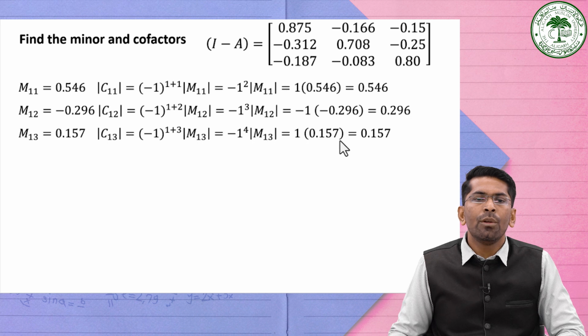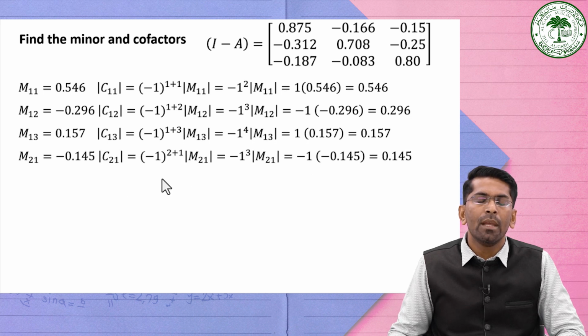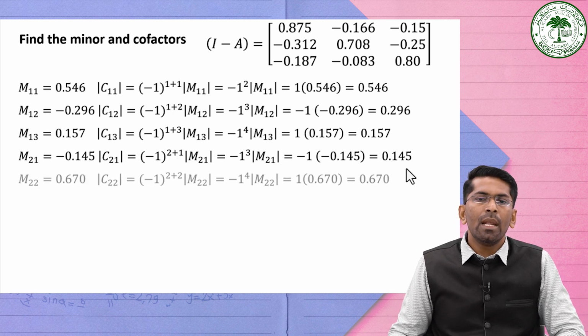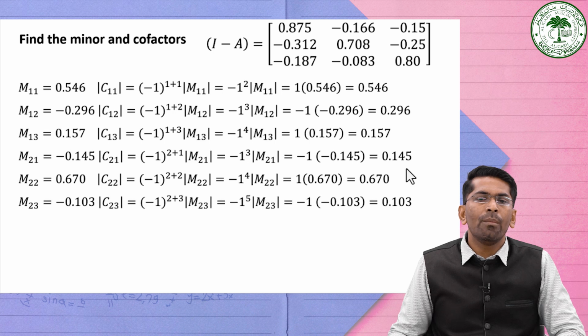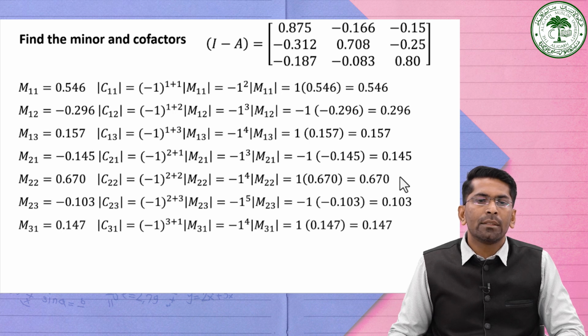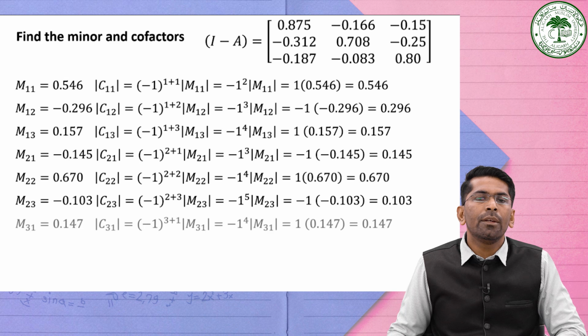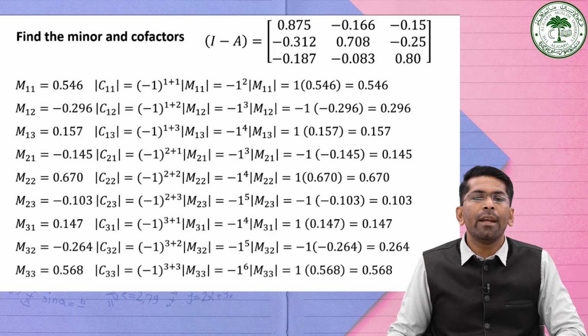So it is 1 into 0.157, which is equal to 0.157. For M21, the minor is equal to minus 0.145, and we have minus 1 cubed, so it is minus 1 into minus 0.145, which is equal to 0.145. Similarly, we can calculate the remaining cofactors. Accordingly, we have 9 minors and 9 cofactors.